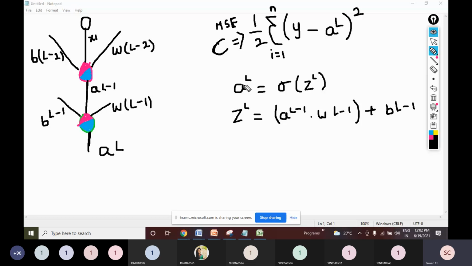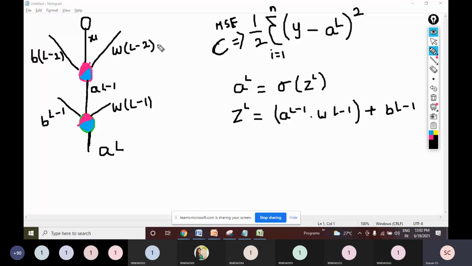This y represents the expected output, AL represents the generated output, and 1/2 into sigma of 1 to n of y minus AL whole square represents the error function or cost function. Now I want to minimize this cost. In order to minimize it, I should clearly know what is happening at AL, at AL minus 1, like that at every layer.